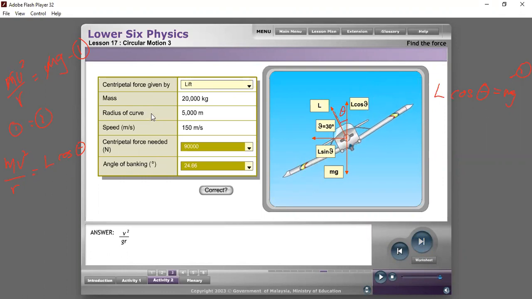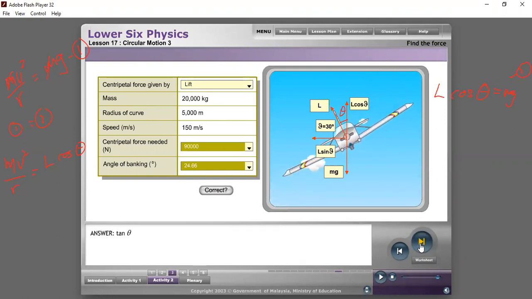That means v square over gr is equal to 1. Divide L sine theta by L cos theta. What do you get? L sin over cos, that means it's Answer: tan delta.